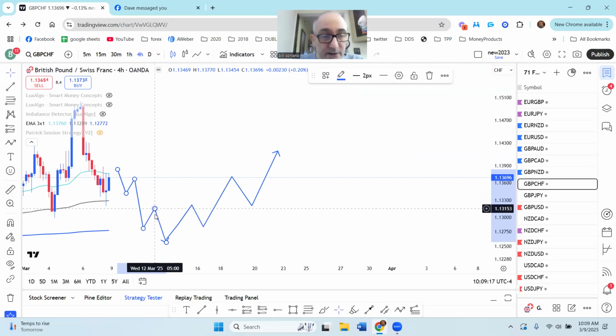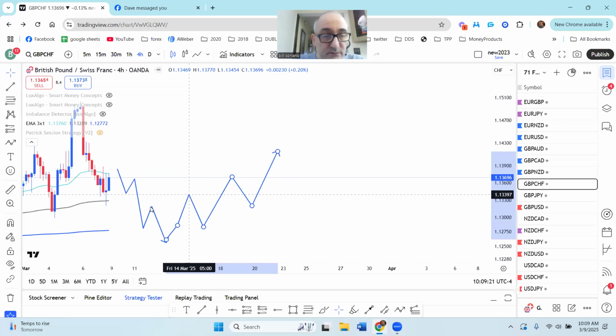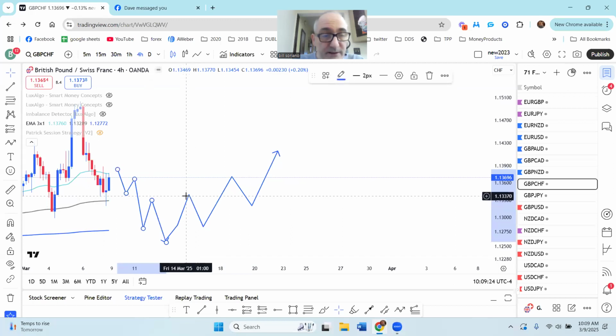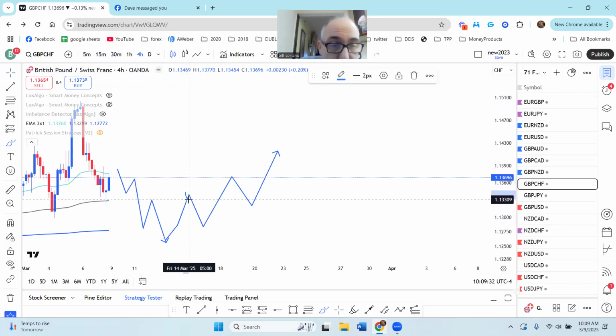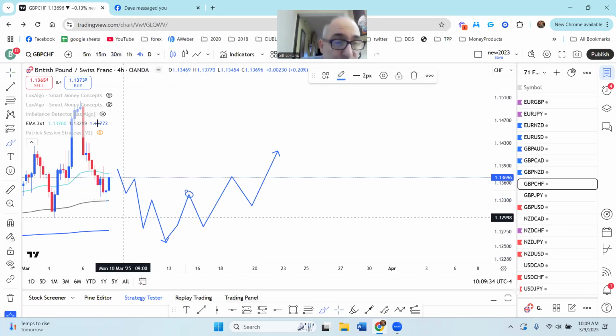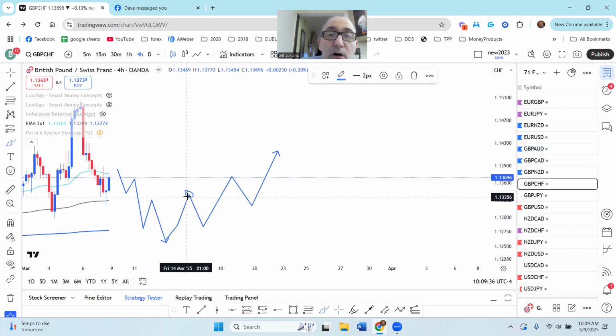Okay, and then right here, just adjust these a little bit, make sure they're valid pullbacks. Right here, you get that change of character. Okay, but again, at this point right here, I would still be bearish, right?